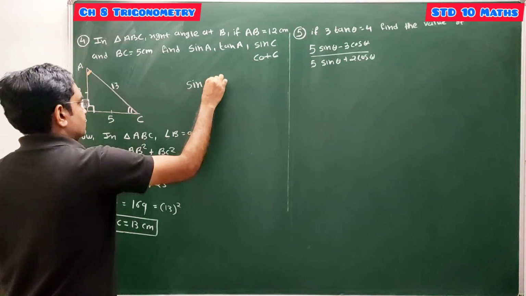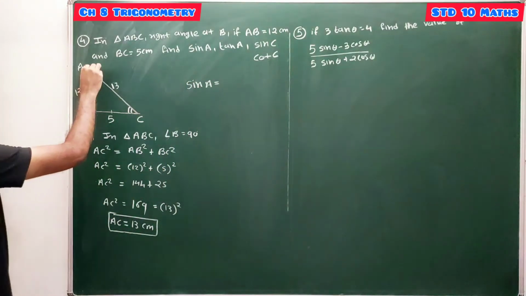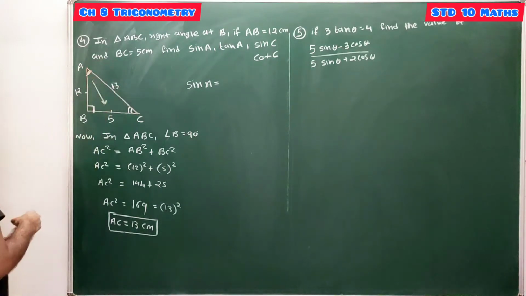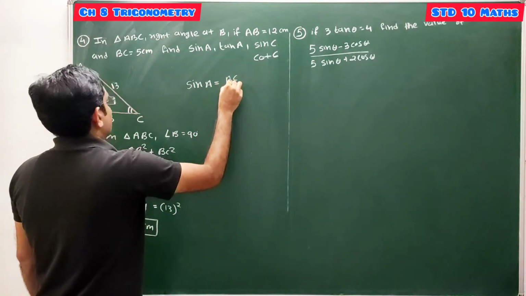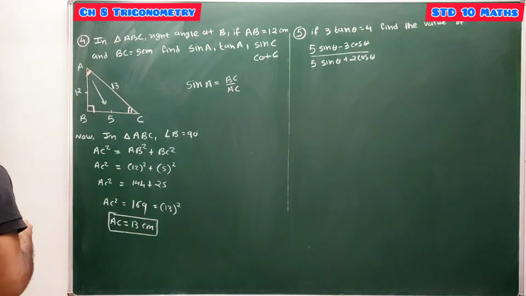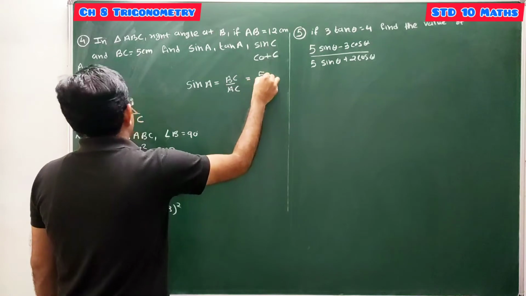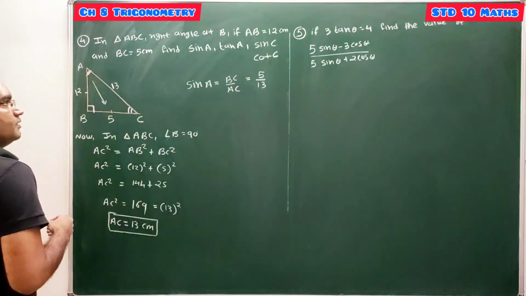Sin A is opposite side by hypotenuse. For this angle, opposite side is this BC and hypotenuse is AC. So it's BC upon AC. Opposite side by hypotenuse. BC is 5 and AC is 13. So sin A is 5 by 13.